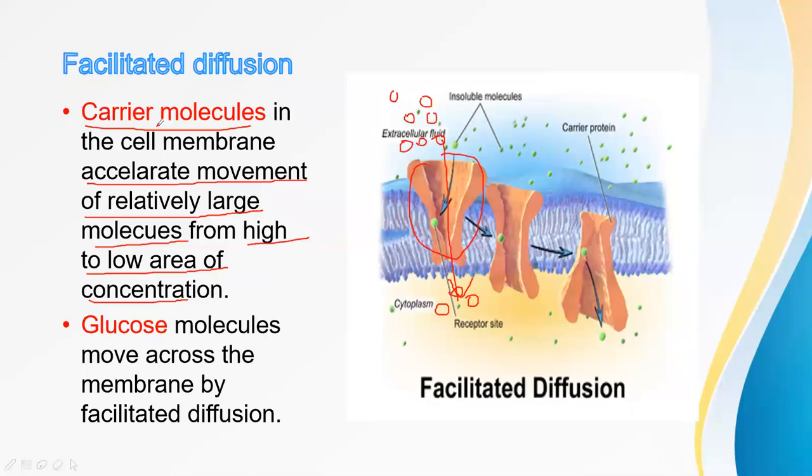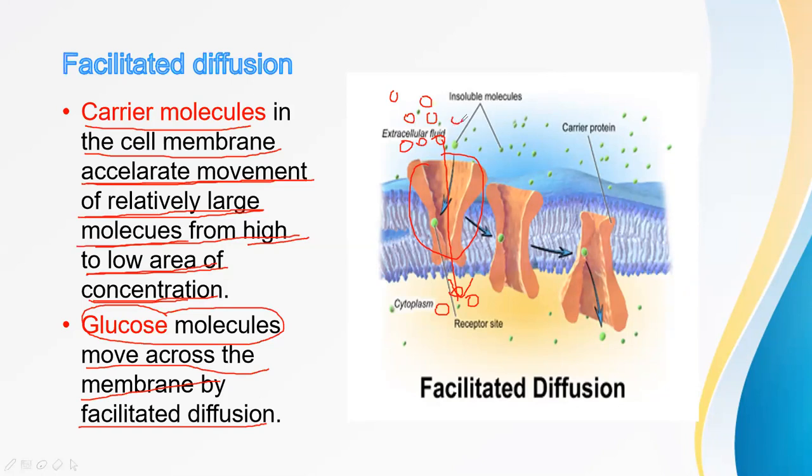In the same way, the carrier molecule in the cell membrane accelerates movement of relatively large molecules from high to lower area of concentration. Glucose molecules are the best example. They move across the membrane by the process of facilitated diffusion.